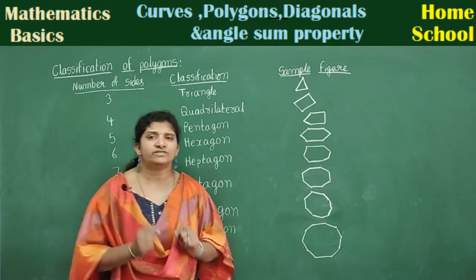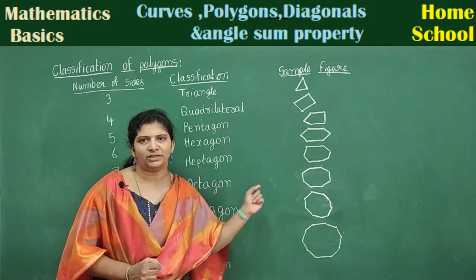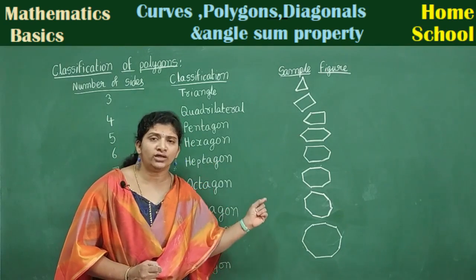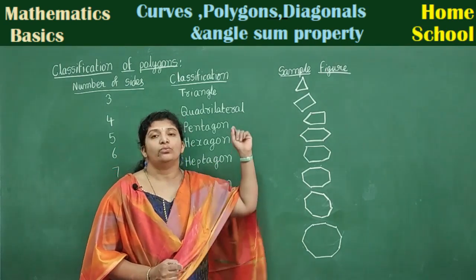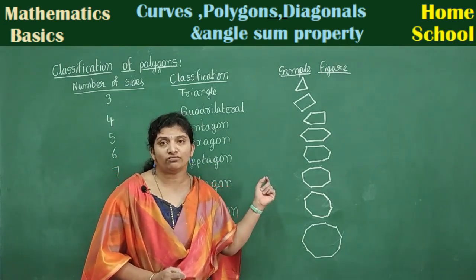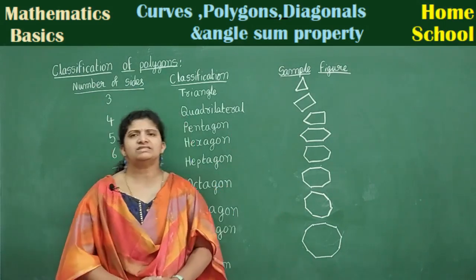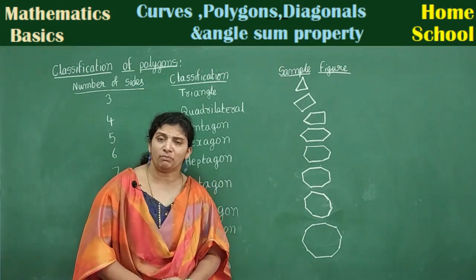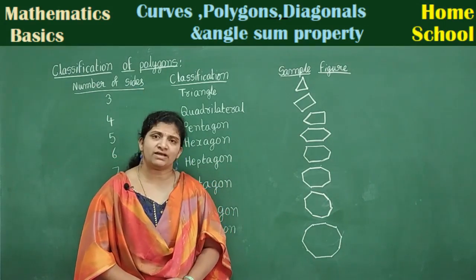See, according to the number of sides, we see the name of the polygon. This is the way we classify polygons. Let's see once again.